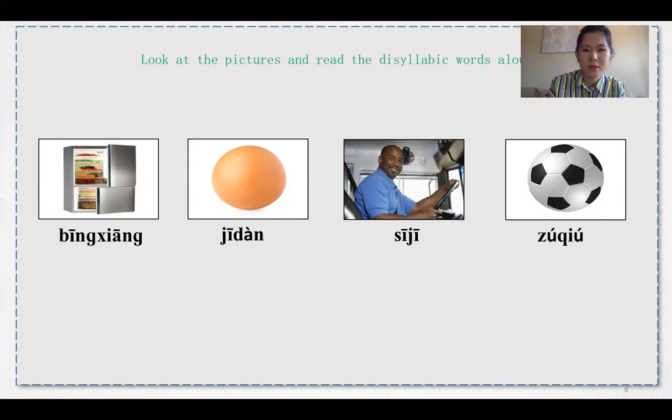So you can tell if you read the same as me. 冰箱, this one, 冰箱, fridge. 鸡蛋, fourth tone, 鸡蛋, means egg. 司机, driver, 司机. Okay, this one, how do you say? 足球. Qiu, right? 足球.